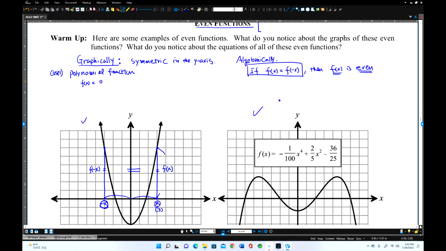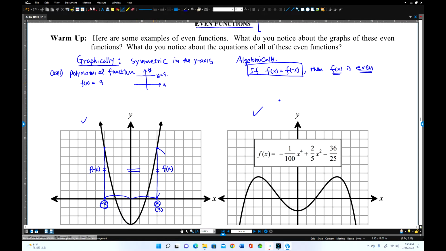I'm going to use 9, y equals 9. That is a constant function. When you make a graph, this is x, this is y. This is a horizontal line, y equals 9. This constant function is an even function, symmetric in the y-axis exactly.